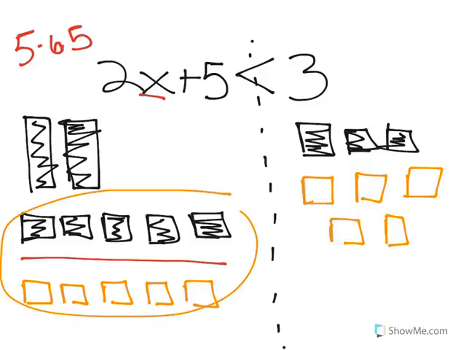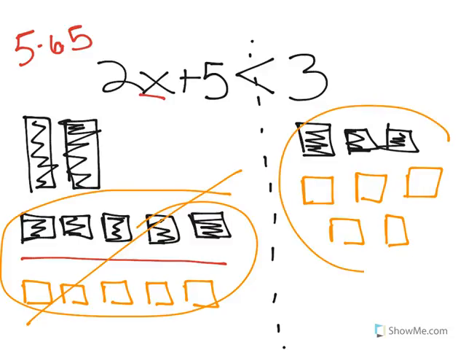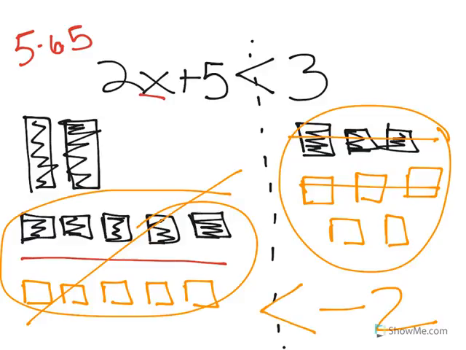That took care of everything that was with the x's on mat A. On mat B, we can make some 0 pairs here, and I can get rid of these 3 negative tiles and these 3 positives. That leaves me with -2 on the right-hand side, or on mat B, and that would be greater than the 2 x tiles that I have left on mat A.